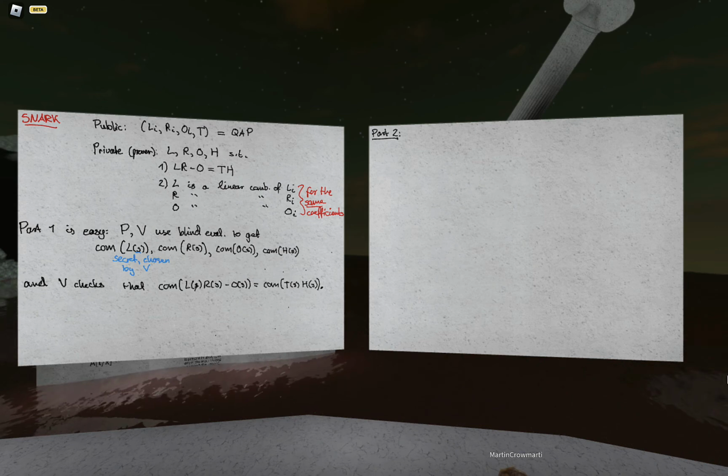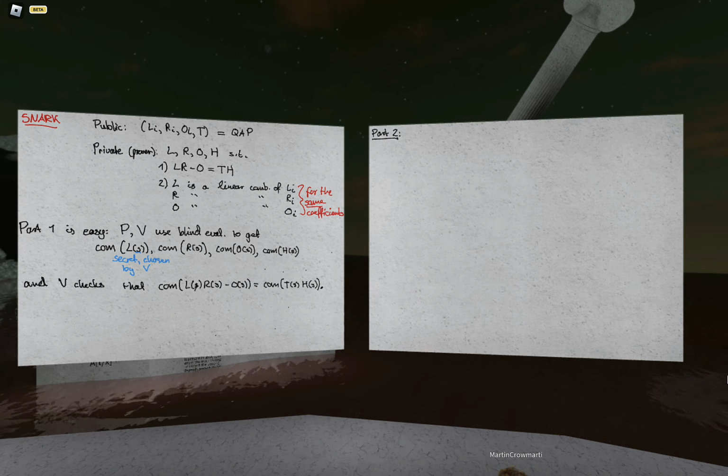Okay. So what we're going to do is, really, what are we doing here? We want to prove knowledge of some coefficients that are the same for all 3 polynomials that satisfy some stuff. So the first thing we are going to do is combine the polynomials Li, Ri, and Oi into one thing.